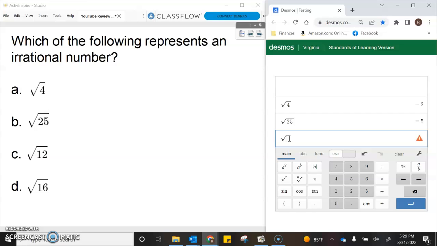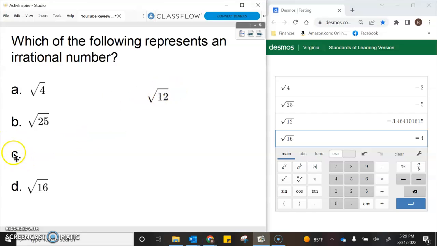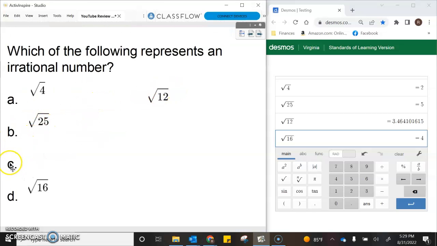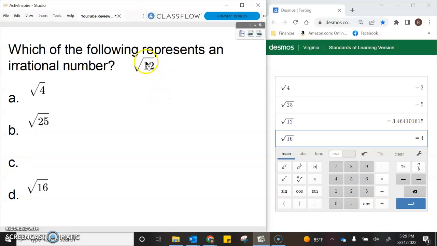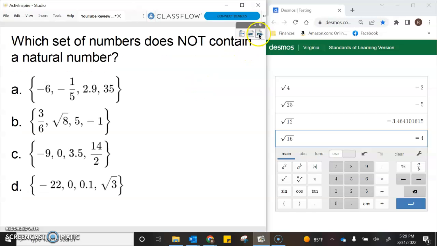The square root of 12 is chaotic. That might be it. And then we have the square root of 16. Nope, that's not it. So it's got to be the square root of 12. Square root of 12 is definitely your answer for this one because it's chaotic. All right, let's see what's next.